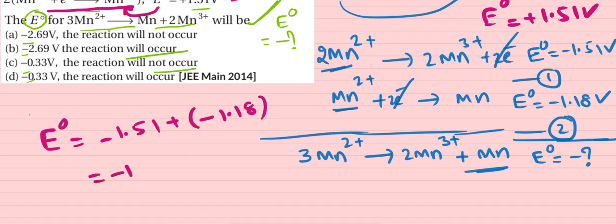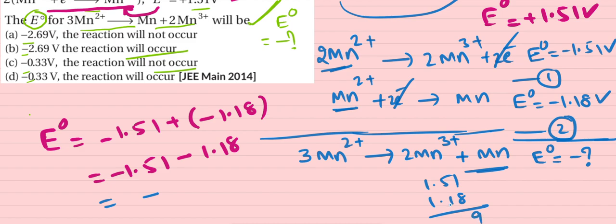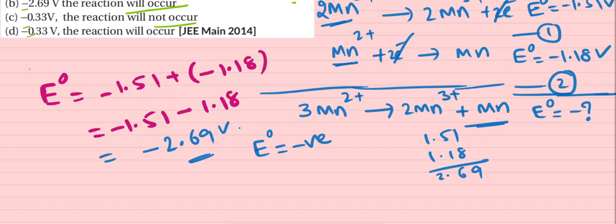So the overall value will be negative only, right? Upon adding 1.51 and 1.18, we get 8 plus 1 is 9, 5 plus 1 is 6, 1 plus 1 is 2. So we are getting minus 2.69 volts. Therefore the overall E° value will be negative.